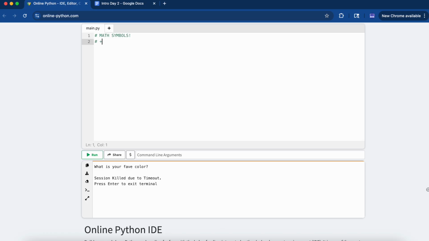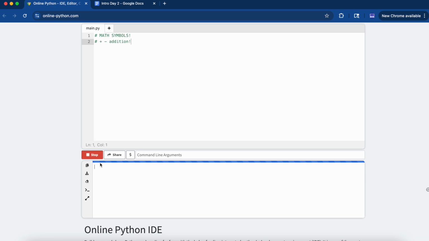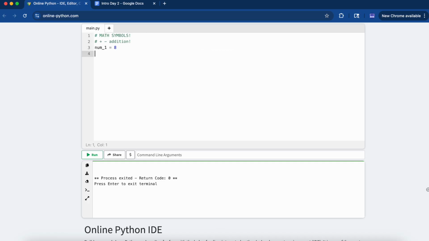First off, let's start with the plus sign for addition. We tested this out a little during our last session, if you remember, but let's try it again with a num1 variable, and we can set that equal to 8, and num2, which we can set equal to 2 for now.